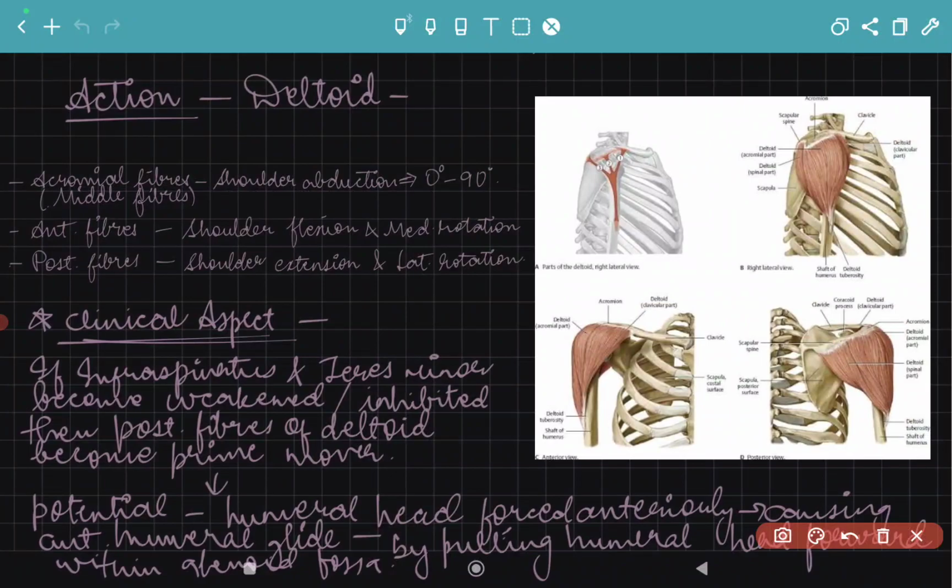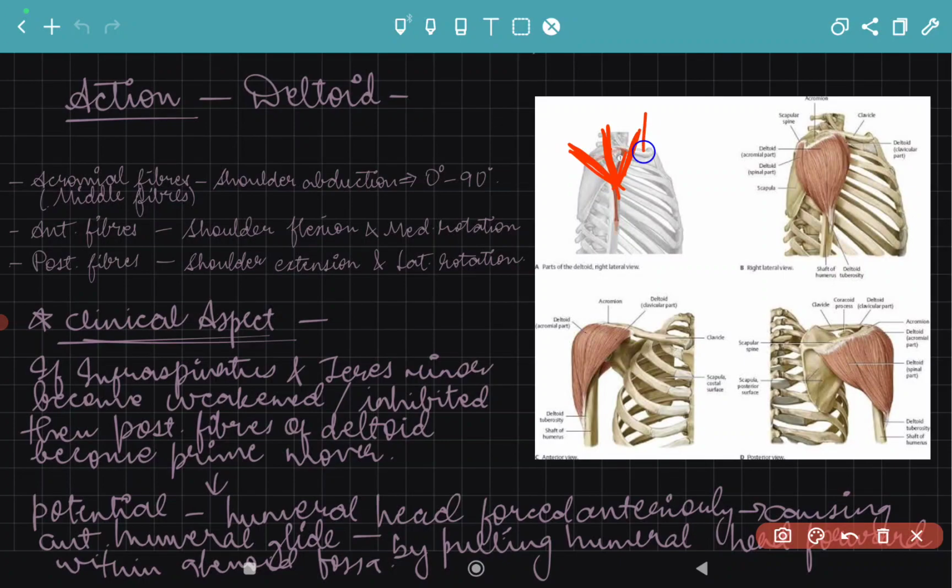So now the action of deltoid as per the fibers orientation. It arises from three parts: clavicular head, acromial head, and from spine of scapula. So the anterior fibers will do shoulder flexion, middle fibers will perform abduction, posterior fibers will perform extension.